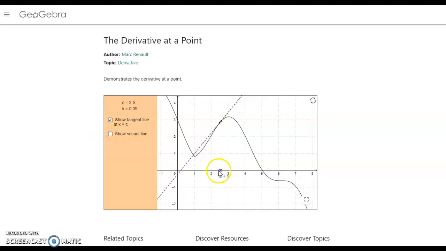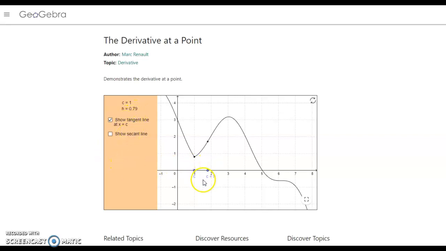If we move this point, I'm sorry, I'm going to move C, not C plus H, you can see how the tangent line moves across the curve. This also tells us the value of C and the value of H in this particular case.